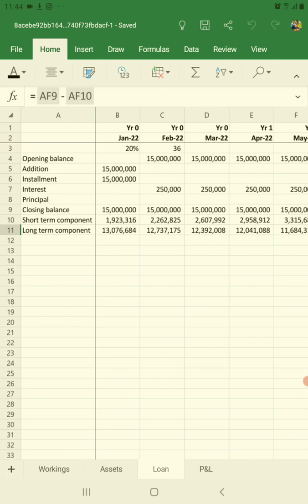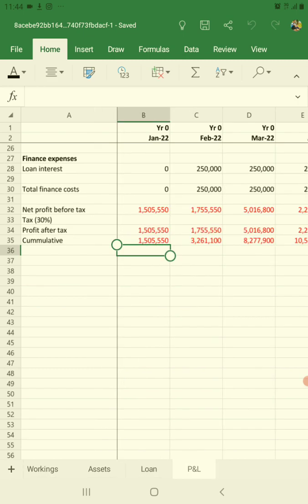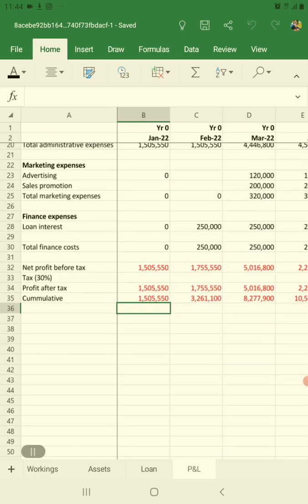Now let us conclude our financials, because we are done with all the transactions that we wanted to do. Let me go to the P&L sheet here. So we have to compute the tax. The corporate tax in Tanzania is 30%, so that is what I'm going to use.